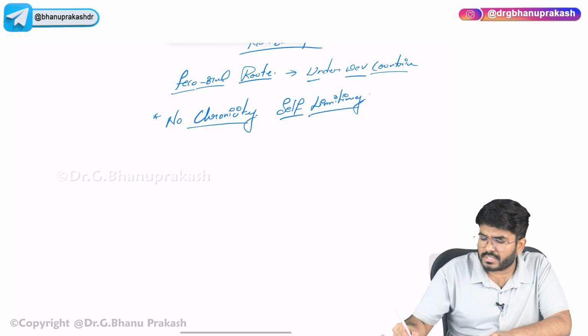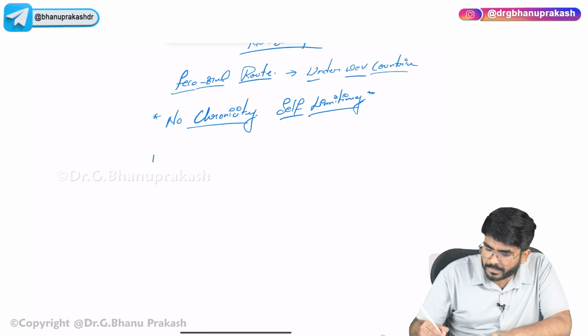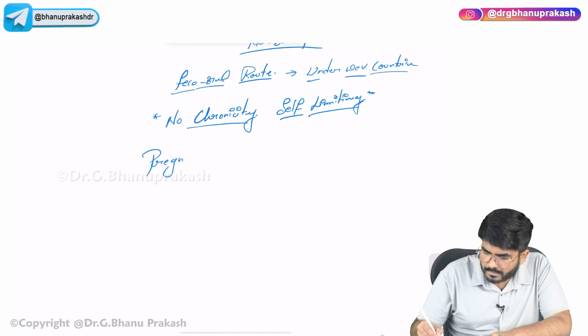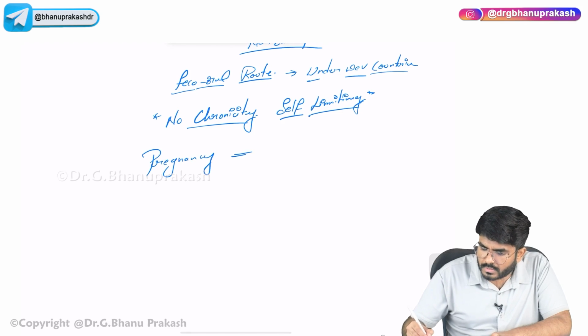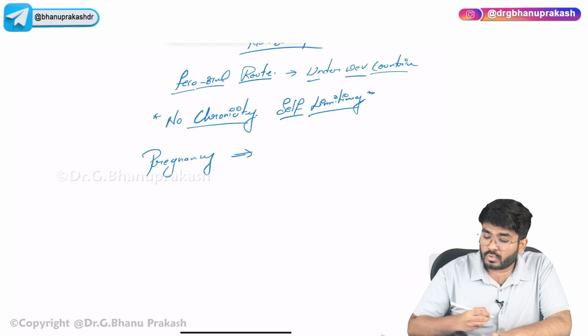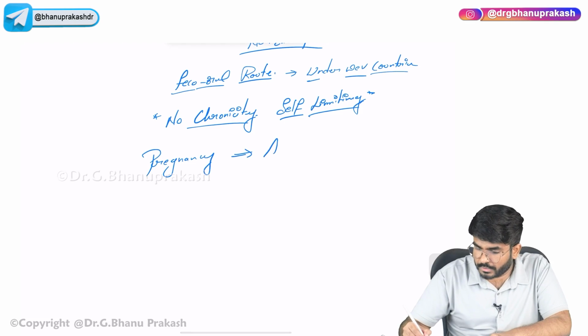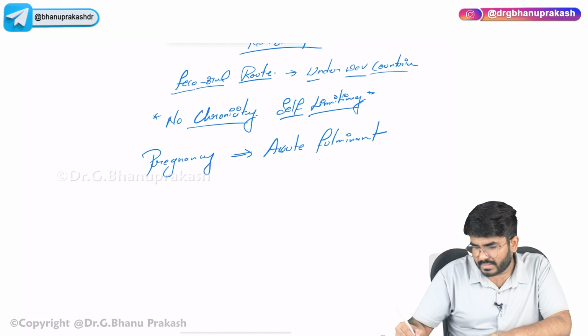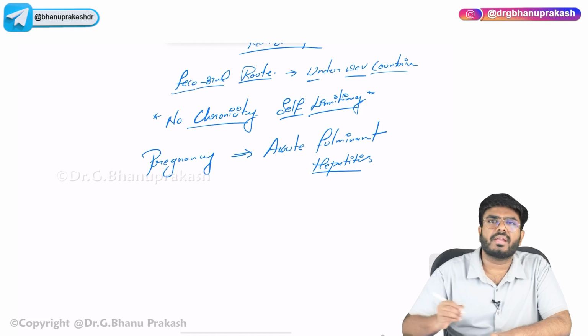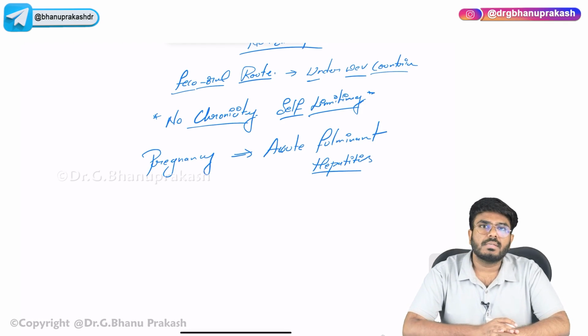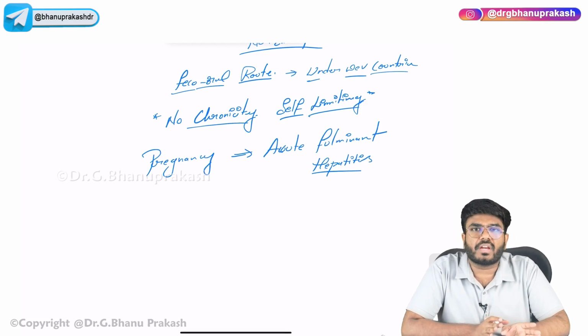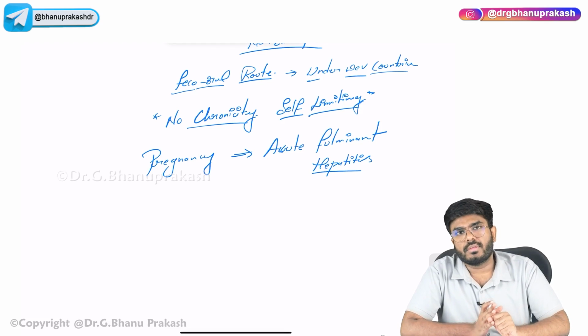But when you get it during pregnancy, do you know, there will be acute fulminant hepatitis. So, what exactly is acute fulminant hepatitis? Acute fulminant hepatitis means that within a very short period of time, within days, there will be liver failure.